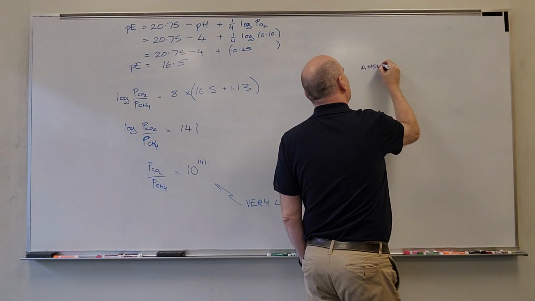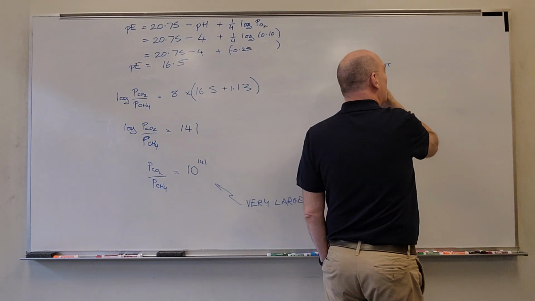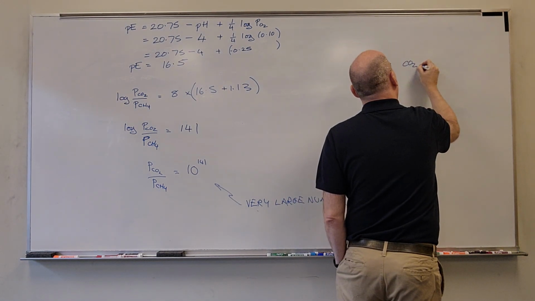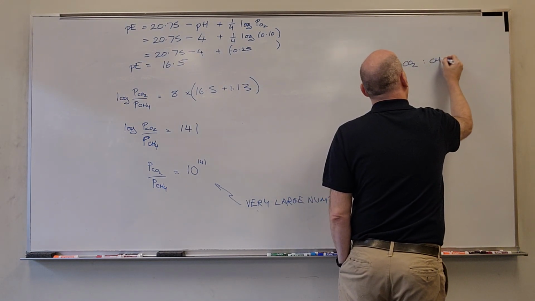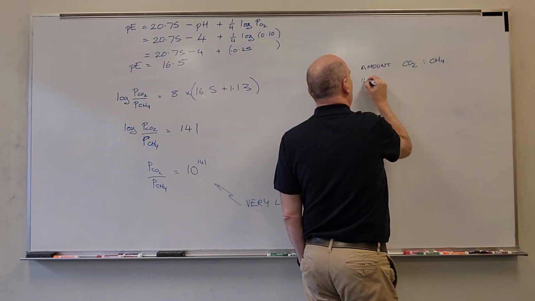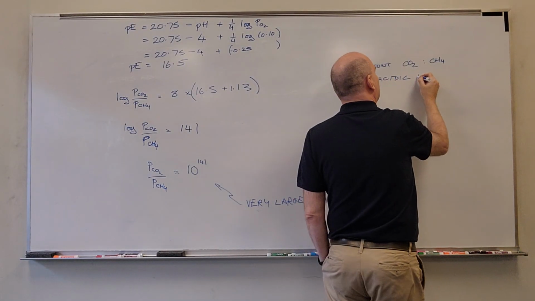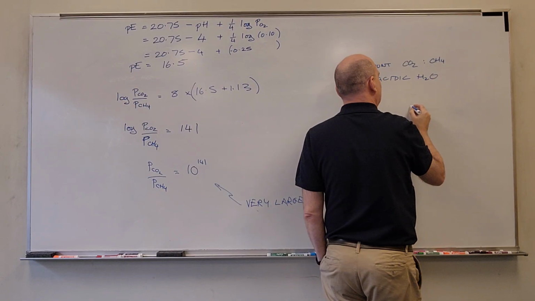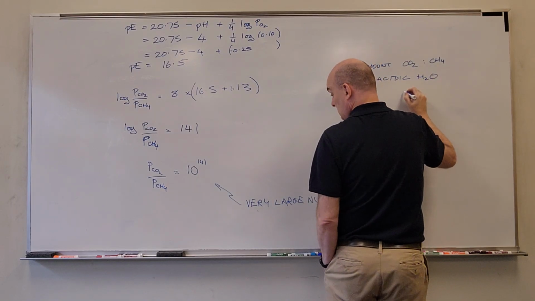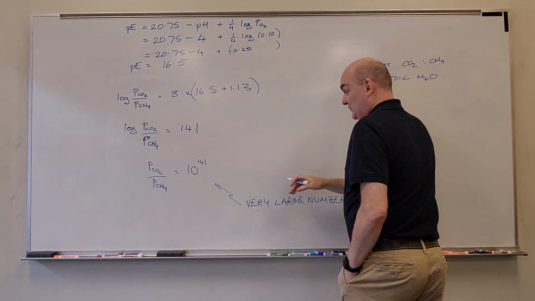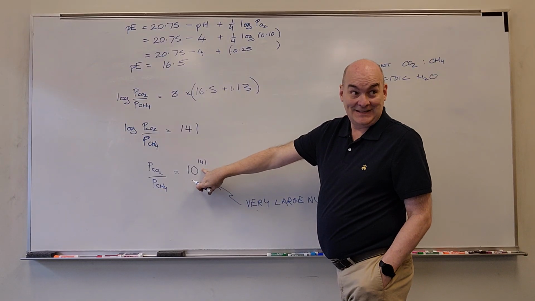So the answer tells us that the amount of carbon dioxide to methane in acidic water is like infinity to 1.